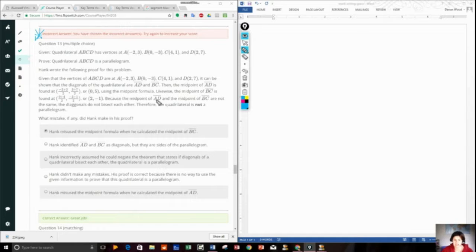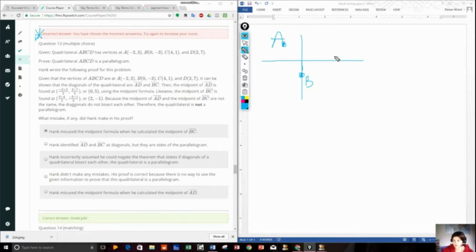Well, the first thing that I want to do is make sure that his proof is correct. And so I want to visualize what this quadrilateral looks like, so I'm going to roughly sketch it. So A is at (-2, 3). So there's A. B is at (0, -3).